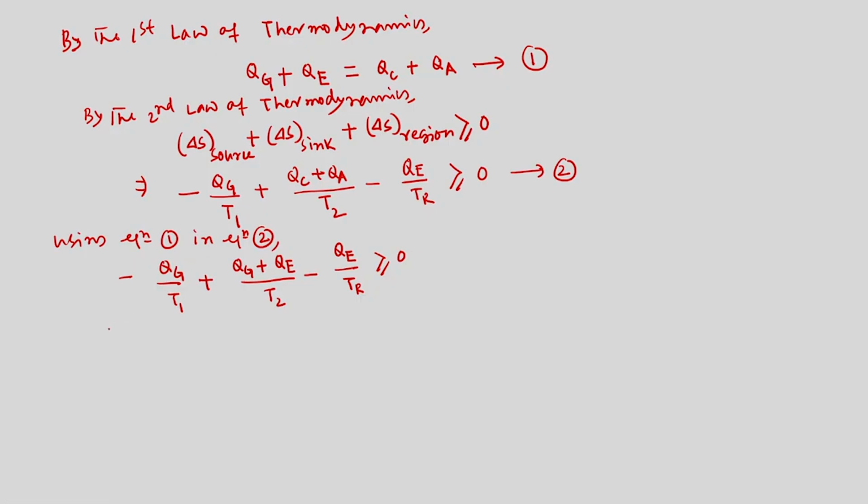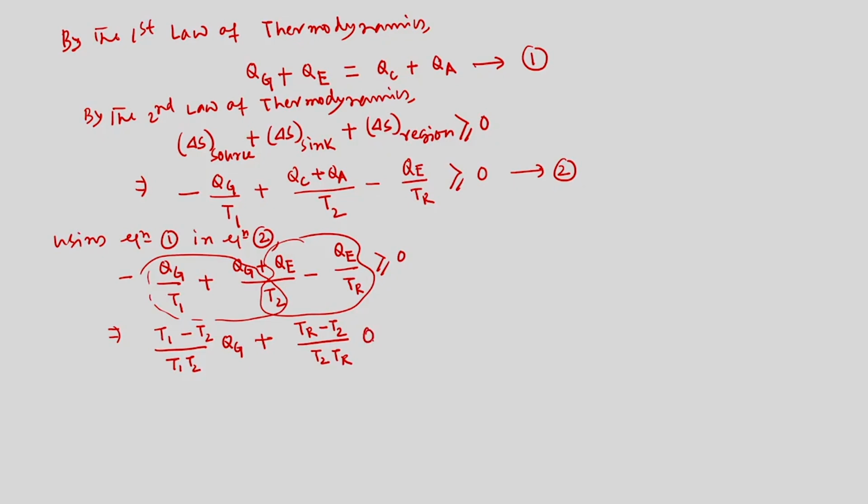So, if we simplify it, then it will be something like (T1 minus T2) divided by T1 into T2 times Qg. Okay. So, this part and this part we can couple. Okay. So, if we do, then our expression will be something like (Tr minus T2) divided by T2 Tr times Qe, greater than or equal to 0, right.